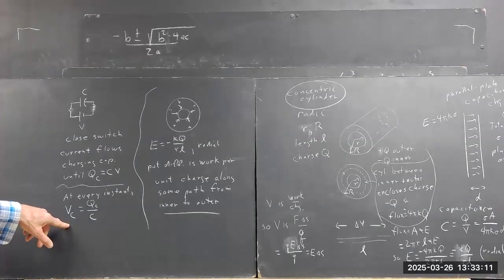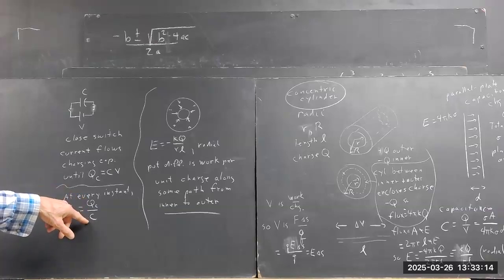The voltage across the capacitor is the charge of the capacitor divided by the capacitance.